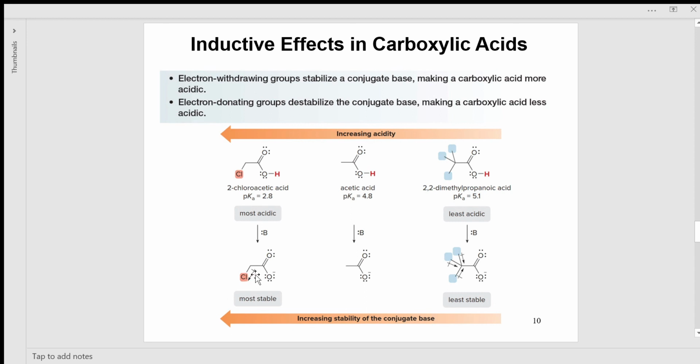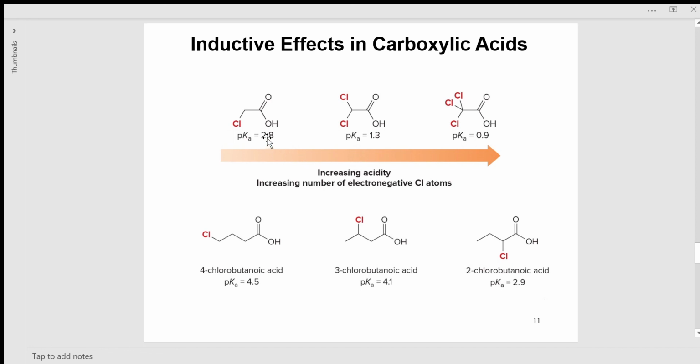If we have a very strong electron withdrawing group, it stabilizes this anion. If we have an electron donating group, it makes the instability even worse. In this case, this is a weaker acid because I'm not willing to give the proton to the base compared to these two brothers.